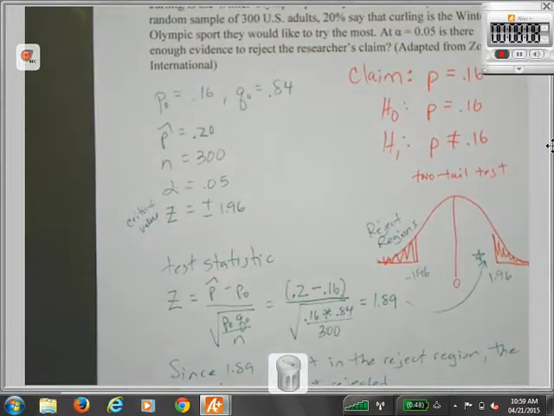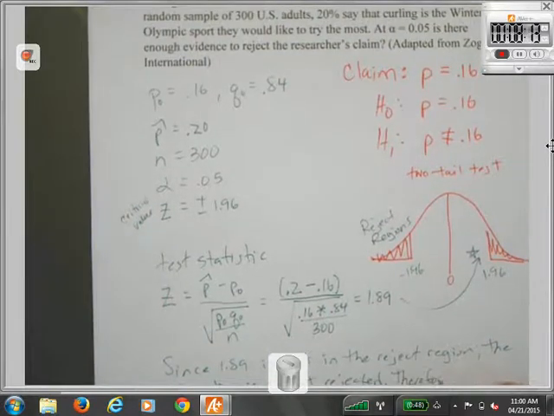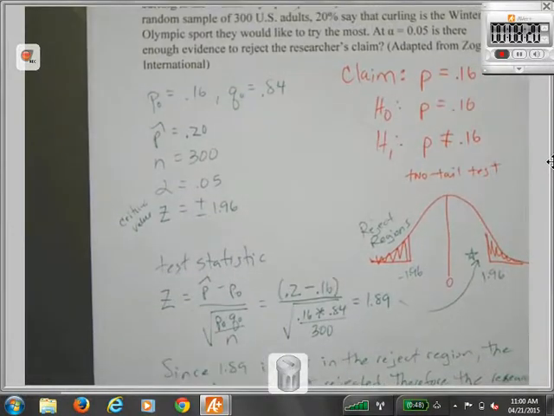So, we rejected the null hypothesis. Therefore, the research center's claim that 16% of U.S. adults say that curling is the winter Olympic sport they would like to try the most, comma, is supported.